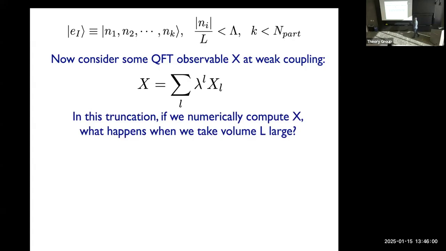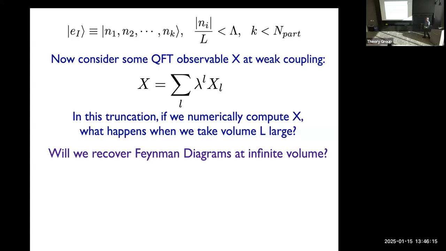So I could take this truncation, and we can numerically compute this quantity x. And then the question is, what happens when we take the volume L large? Do we recover Feynman diagrams at infinite volume?